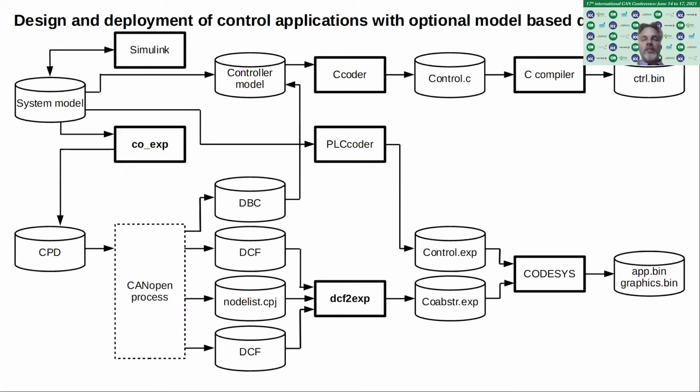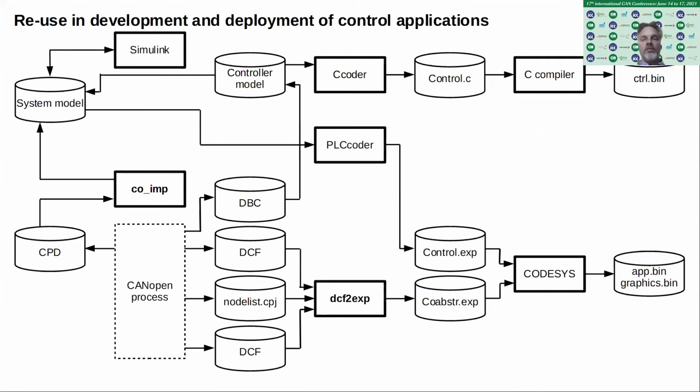And of course, the very well-defined core process enables us to supplement that with model-based design for rapid control prototyping or target system deployment. And using model-based design still enables us to use reuse paths here.